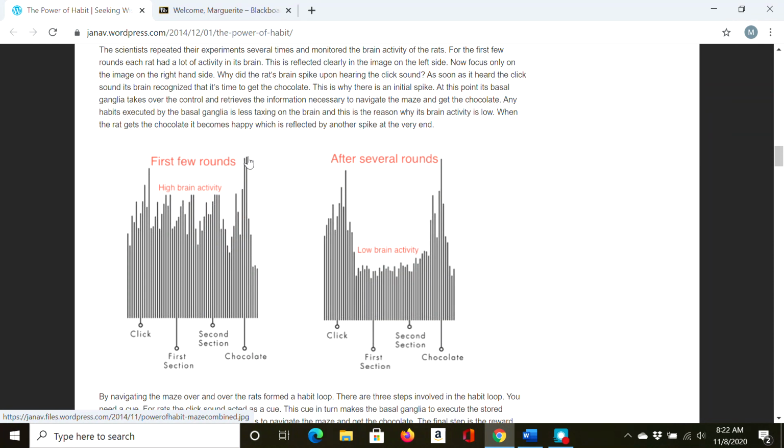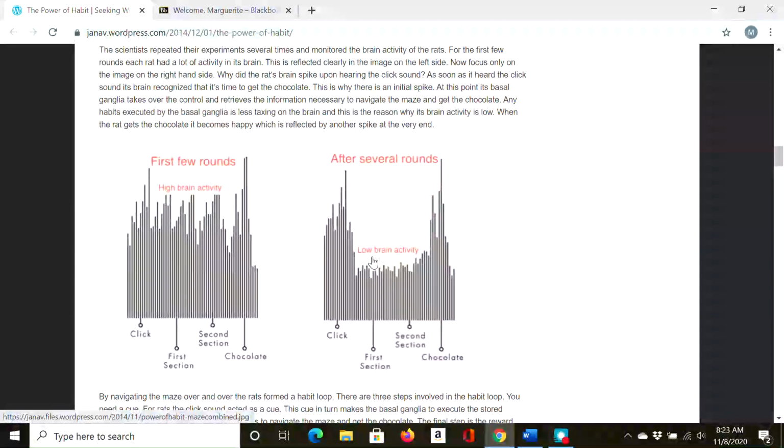Now, after several rounds, when the rat had been doing this over and over again, you see there's still that spike with the click. There's still a spike with the chocolate, but there's low brain activity in the middle. Right? Why? What's going on? Well, as Duhigg explained, and as I put in the chapter, the rat was forming a habit.